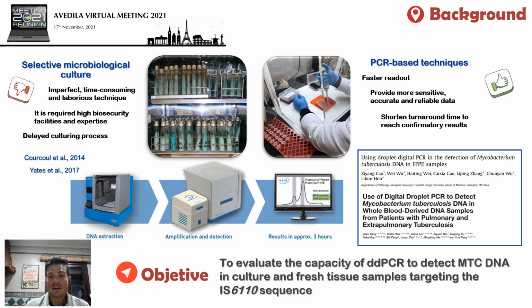Nevertheless, to our knowledge, there are no studies evaluating the detection of Mycobacterium tuberculosis complex in animal samples by digital PCR. The main goal of the present study was to evaluate the capacity of digital PCR to detect Mycobacterium tuberculosis DNA in culture and fresh tissue samples, targeting the IS6110 sequence.